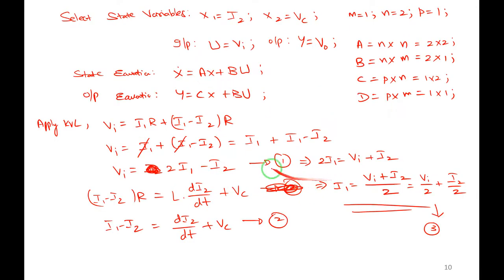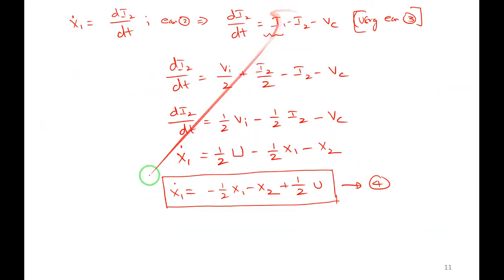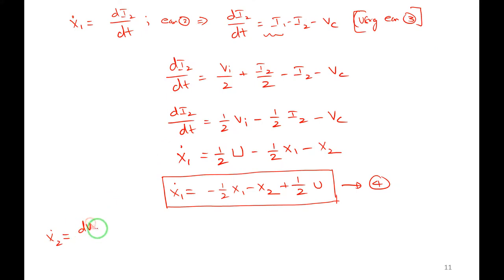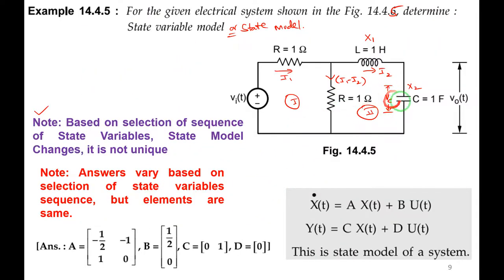Next, what do I want? X2 dot. What is x2 dot? X2 is Vc. X2 dot is dVc by dt. First we will write what is Vc. What is the voltage across this capacitor?